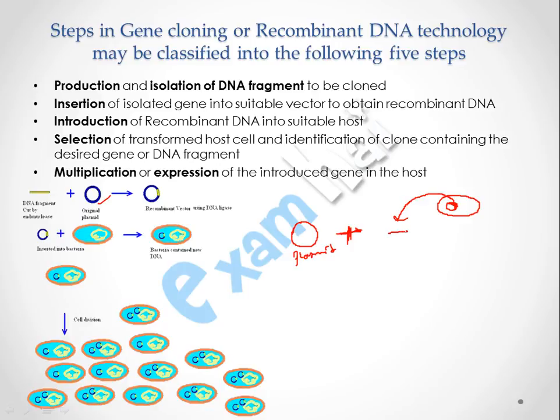So this is the DNA. Now what happened is, this is the plasmid. Here we have cut with some endonucleases, and we have inserted this one into it. This is the DNA of interest which is inserted into this plasmid, which is a vector.